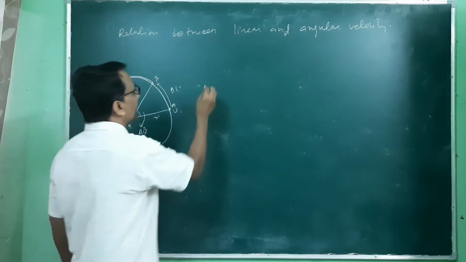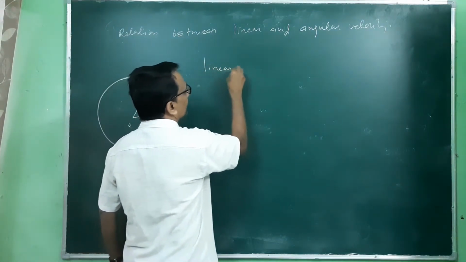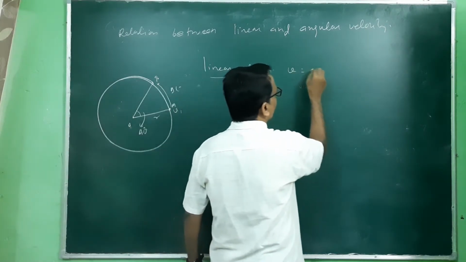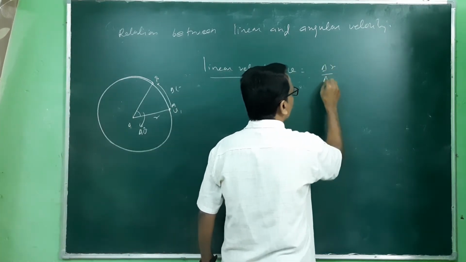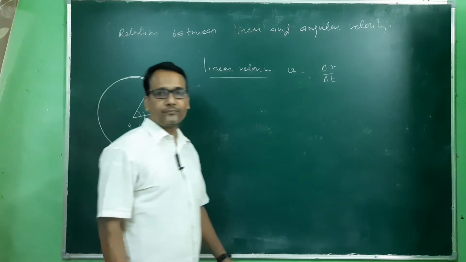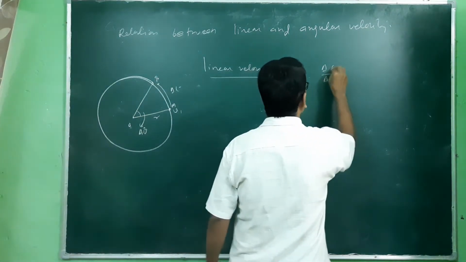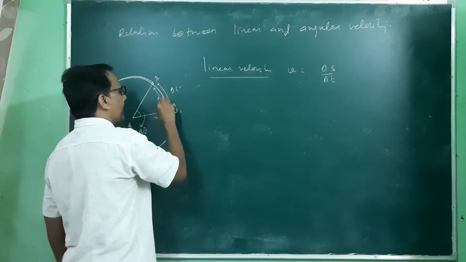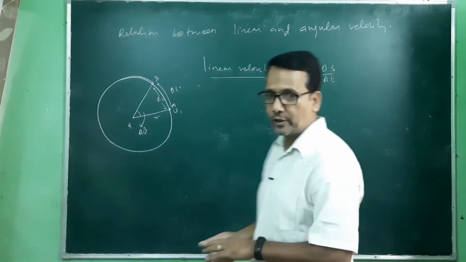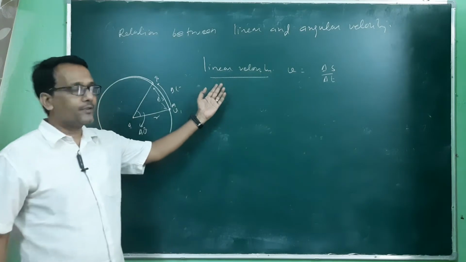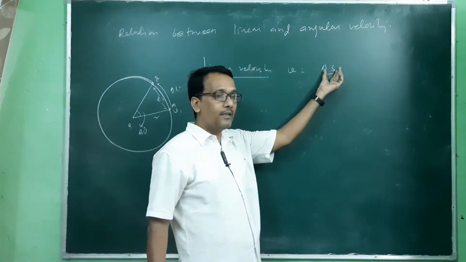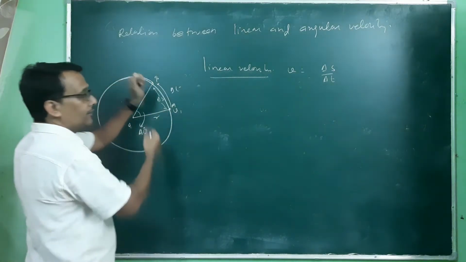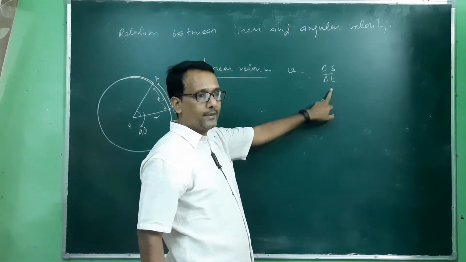Then linear velocity is defined as v is equal to delta s by delta t. Here this displacement is delta s. Generally, linear velocity is defined as the change in linear displacement upon time. So here the linear displacement is delta s, so v is equal to delta s by delta t.